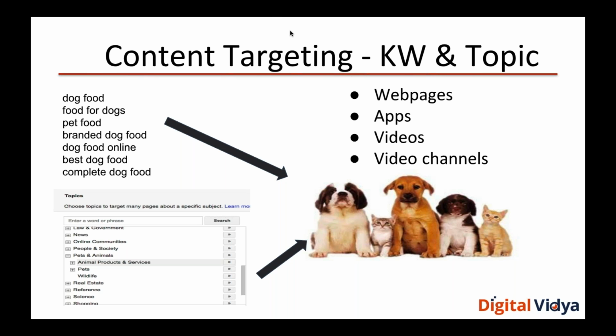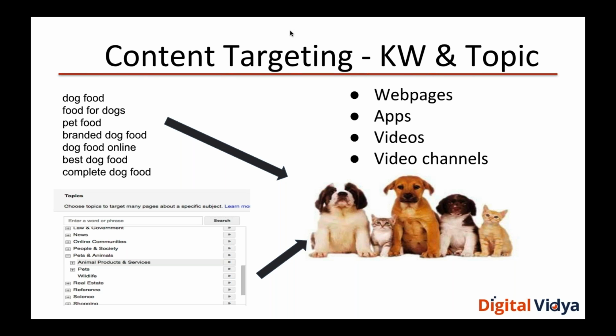Now it will look at all the web pages, YouTube video channels, YouTube videos, or mobile apps which are part of Google Display Network. Based on the kind of text and other things present on those pages, the system will determine which web pages or app pages match the theme of dog food.